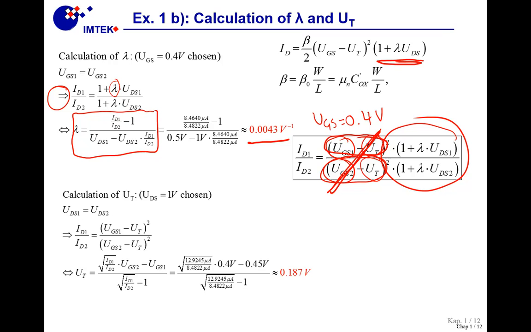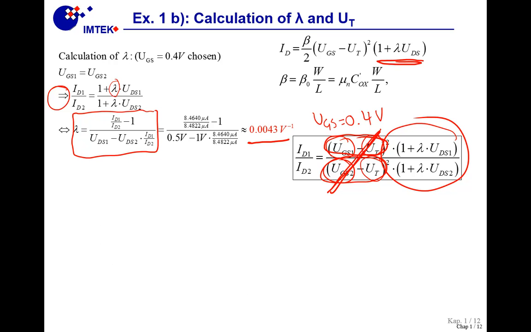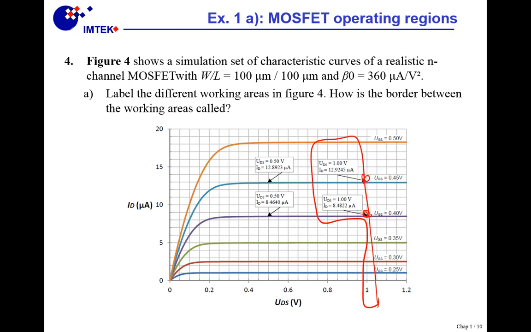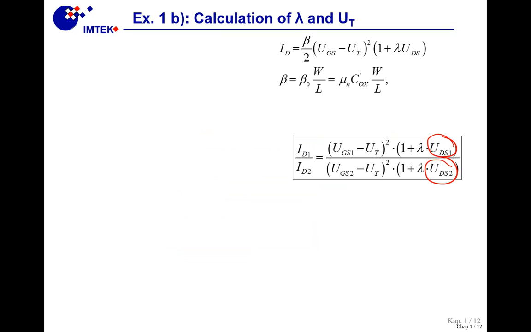I do the same division as we did before. In this case, our UDS remains constant. Okay, UDS is constant, but UGS is now not constant. If you want to check it, you have a UGS of 0.45 and a UGS of 0.4.